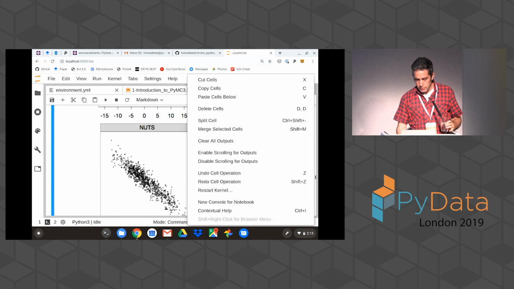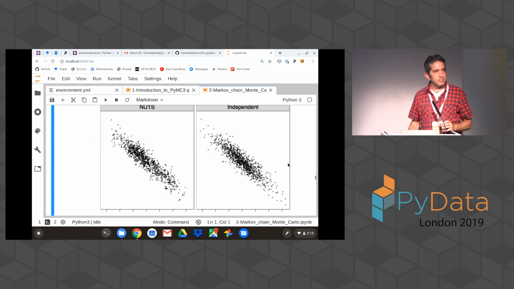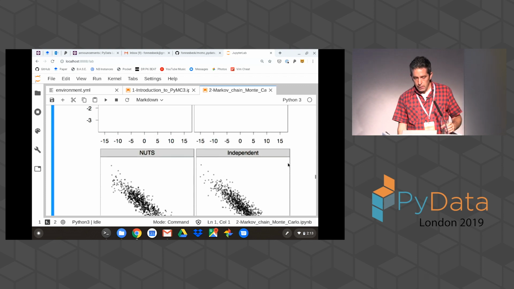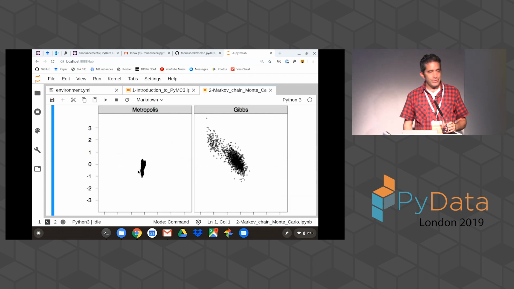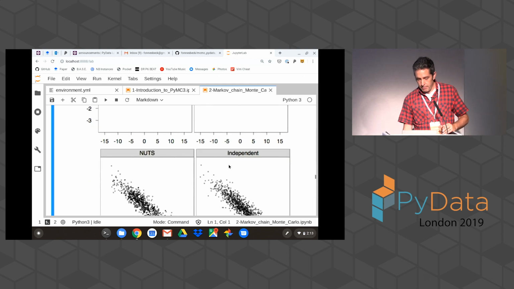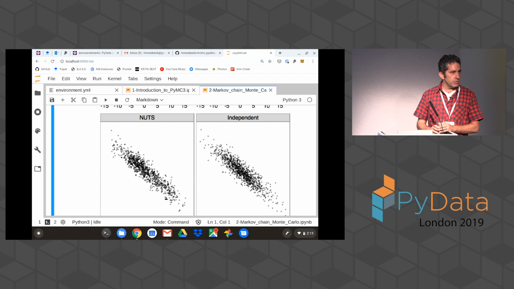So the truth looks like this, independent, right? It's just a correlated normal distribution. Metropolis-Hastings gets you that. Gibbs sampling, which is a slightly more efficient version of Metropolis-Hastings, gets you that, which is better, but that's not the same, right? And so you'll get a biased result.